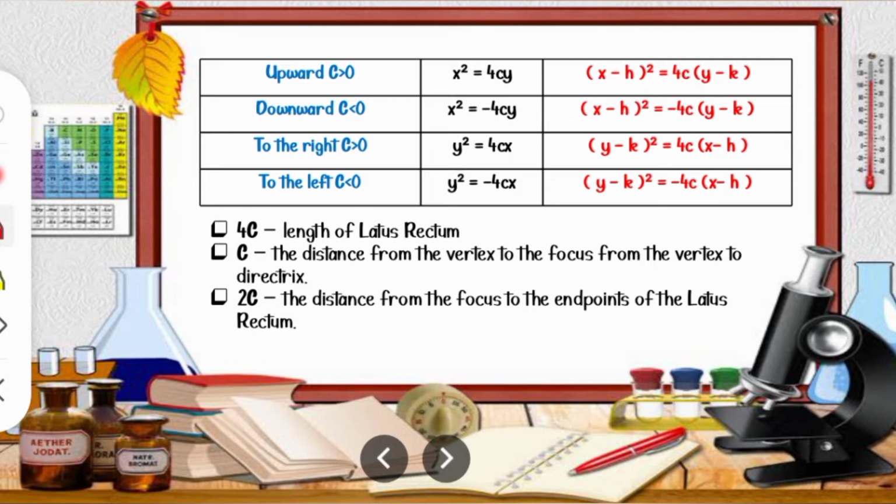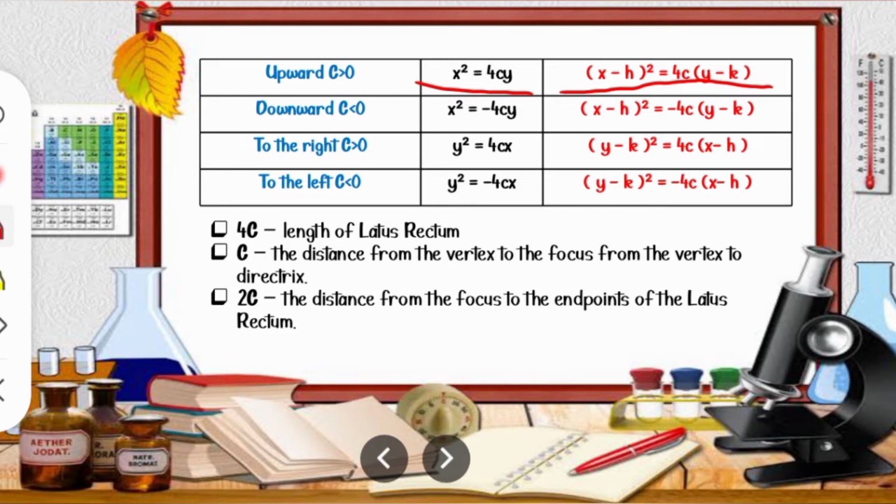With the vertex at (0, 0), it is x squared equals 4cy, and with the vertex at (h, k), it is (x minus h) squared equals 4c(y minus k).